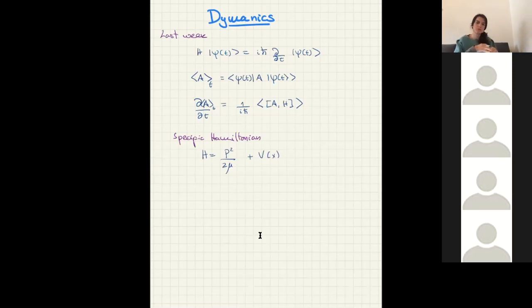Okay, which could represent something like an electric field, for example, that makes it very hard for an electron to be somewhere. And we call this the potential energy. And there's the kinetic.